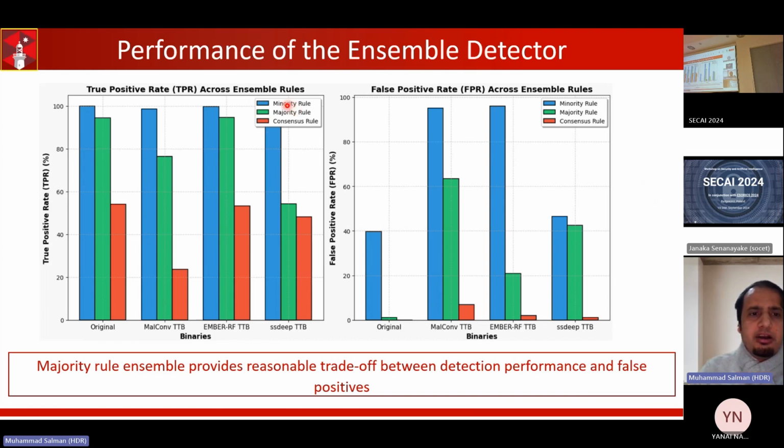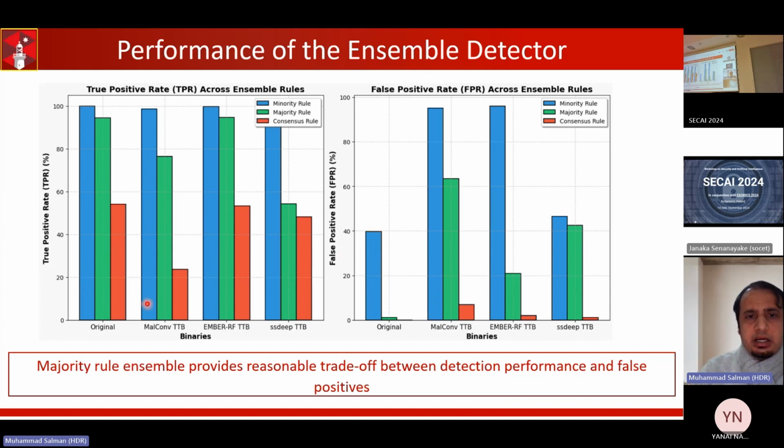When we kept the minority rule, we can see that it has a very good TPR performance on the original binaries. However, it has a higher false positive rate of 39%.